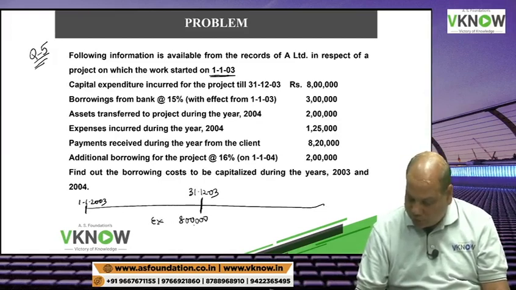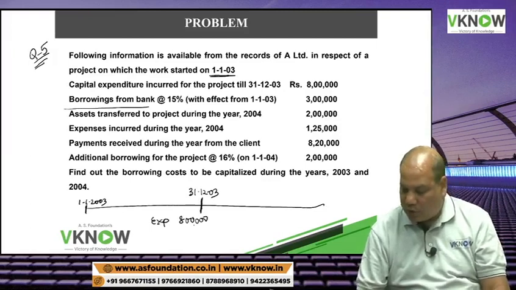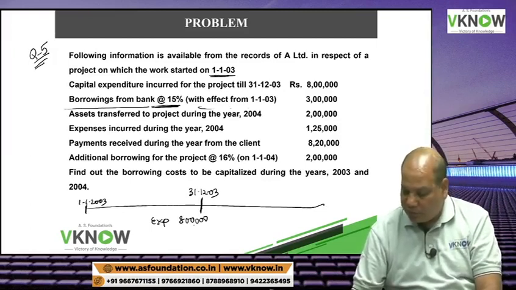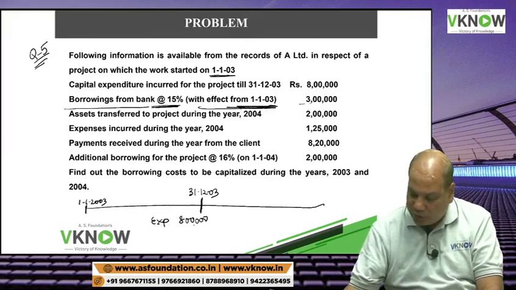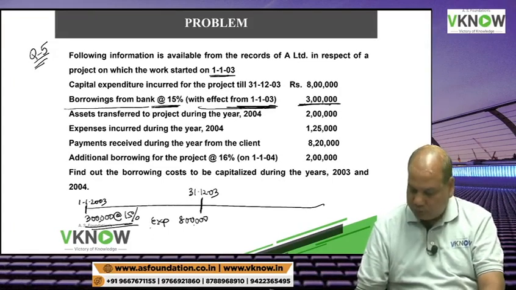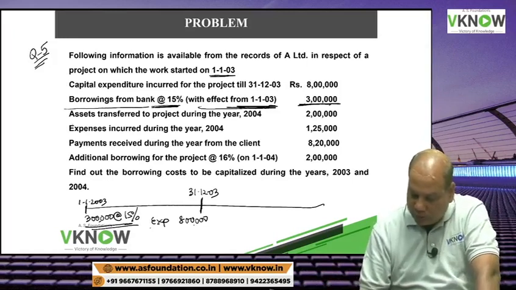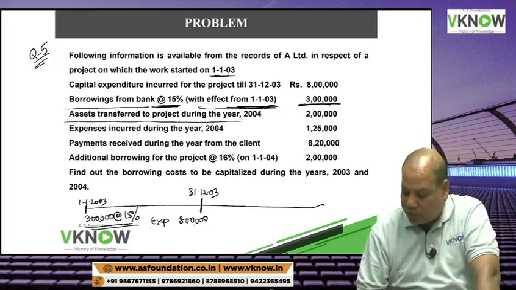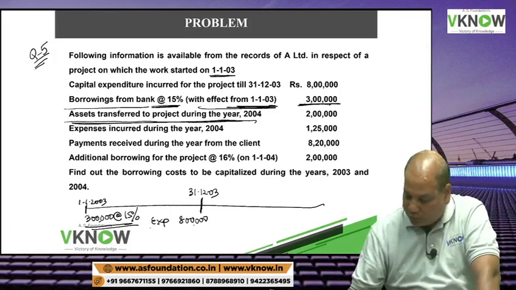This is the expenditure incurred. Borrowing from the bank at 15% with effect from 1st January 2003 is 3 lakh, and during this period you have taken a loan of 3 lakh rupees at 15%. Then what happened? Asset transferred to the project during the year 2004.